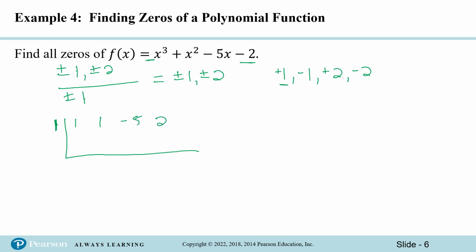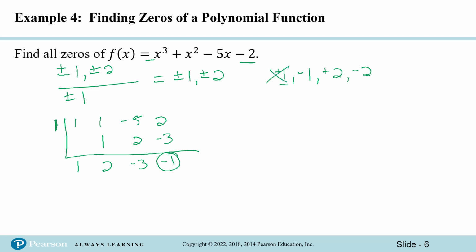I'm going to check to see if it's indeed a 0. So bring down the 1, multiply, add, multiply, add, multiply, add. That is not 0, so we can rule out 1 as a 0.